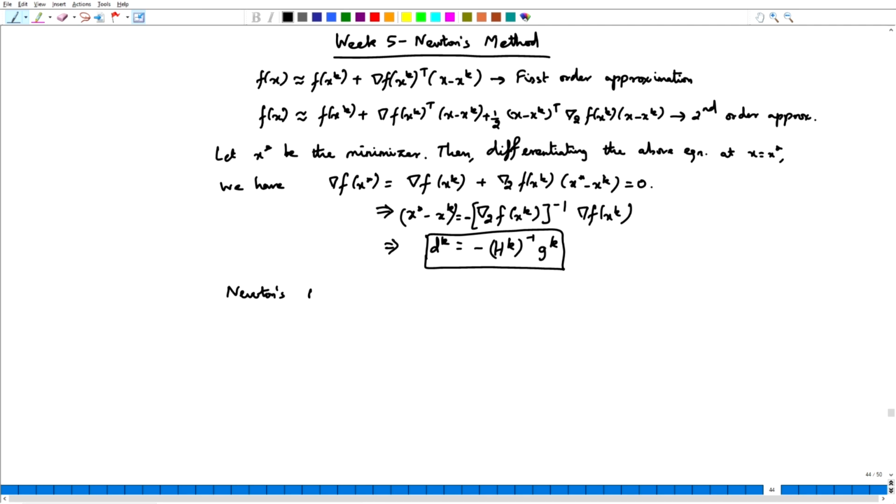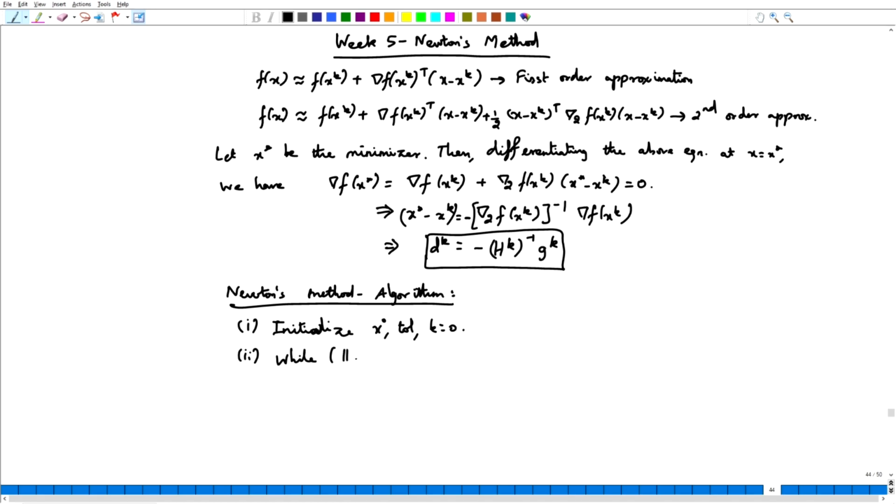Newton's method algorithm. So, we initialize x 0, tolerance and k equal to 0, and while norm g k greater than tolerance, d k I have explicitly given the formula, alpha k also I have told as 1.